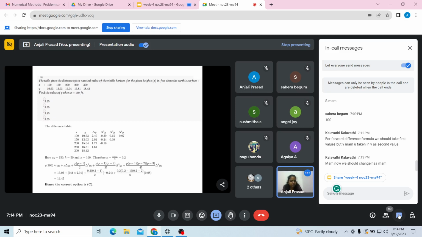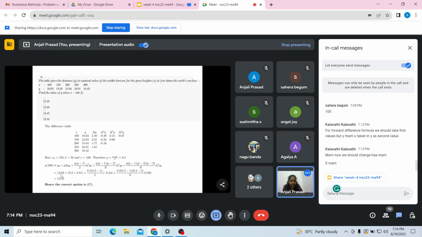Here x naught should be 100 and y naught should be 10.63. There is a printing mistake over here. Is it clear now? Okay. Are you getting it? 13.45?